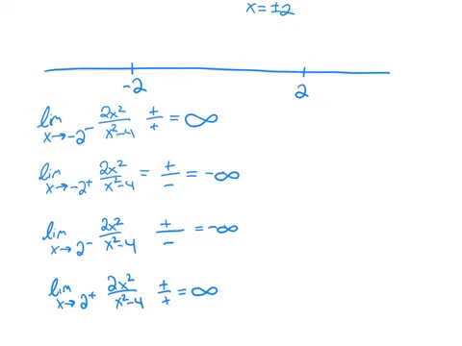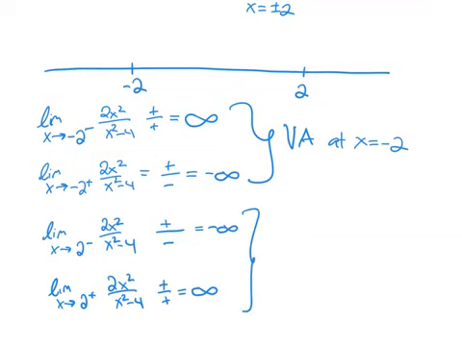Now, I wanted to show you all of these one-sided limits because in a future video, we're going to have to graph this. But to answer the question in this problem, you actually didn't really need to know whether this goes to positive infinity or negative infinity. Because as soon as you see that as x is approaching -2, you have an infinite limit, whether it's positive or negative, you can say you have a vertical asymptote at x equals -2.